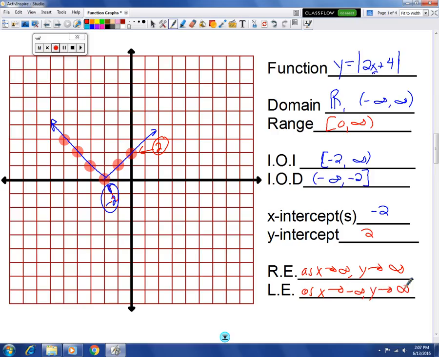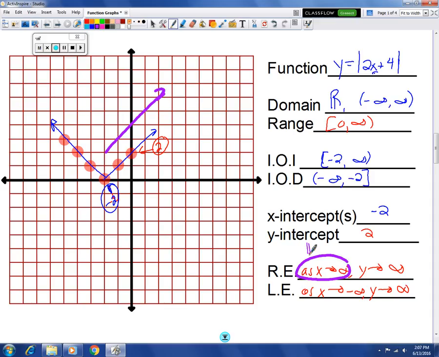So if you follow along starting at the linear equations, at this point, right-hand and left-hand behaviors you really should know, but just in case, the right end of this graph, as you go to the right, it goes up. So this first part is x approaches positive infinity.